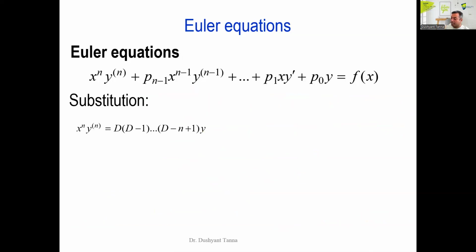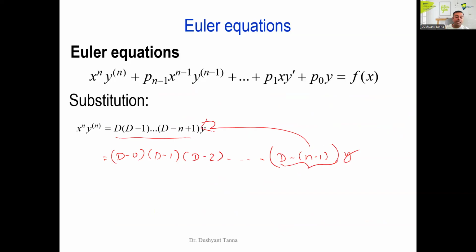And if you want to write it a bit differently, I would write it d minus 0, d minus 1, d minus 2. We are talking about n, so we'll stop with one lesser, right? And once you simplify this, that will become d minus n plus 1, right? So this was a bit of background on how we will use it.